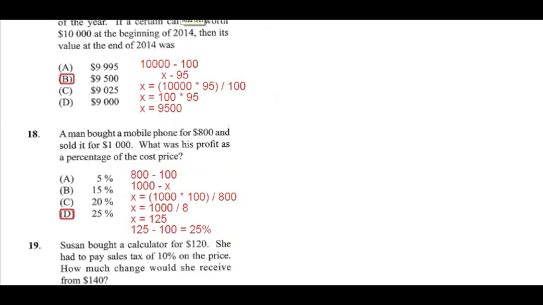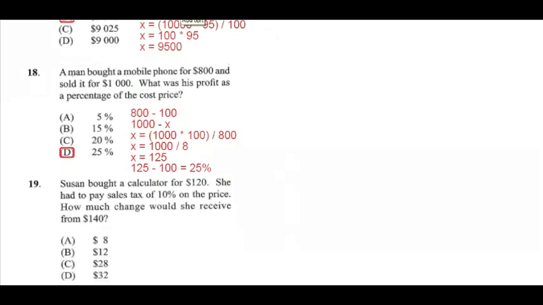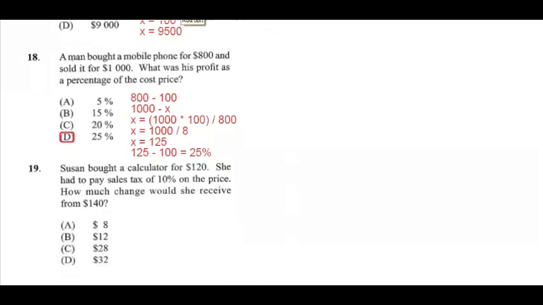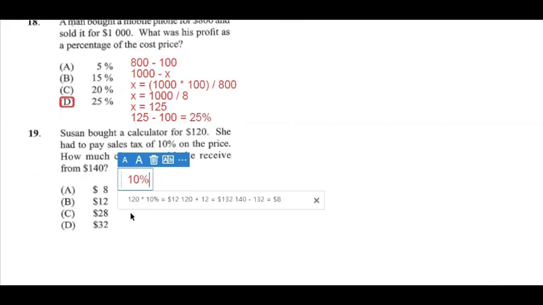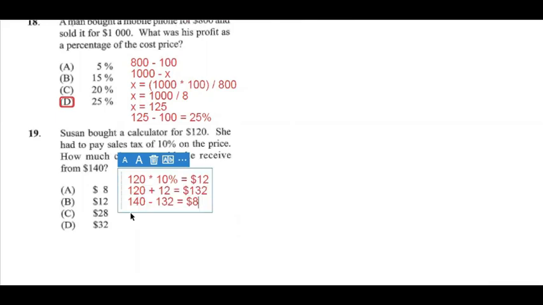So number 19, Susan bought a calculator for $120. She had to pay a sales tax of 10% on the price. How much change would she receive from $140? So Susan went to the store and she bought the calculator, and she paid a tax of 10%, so it would be 10% of 120 to give us $12.